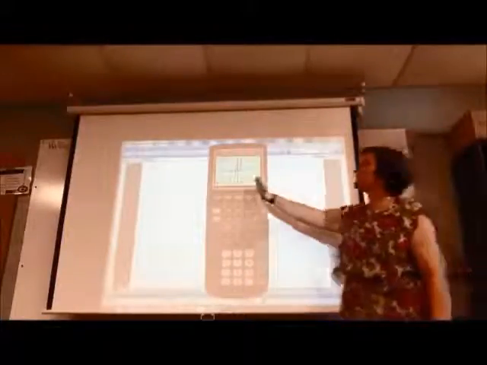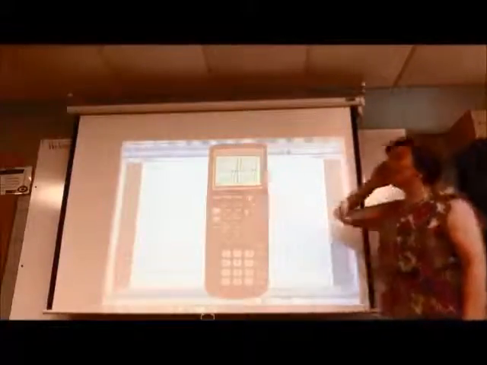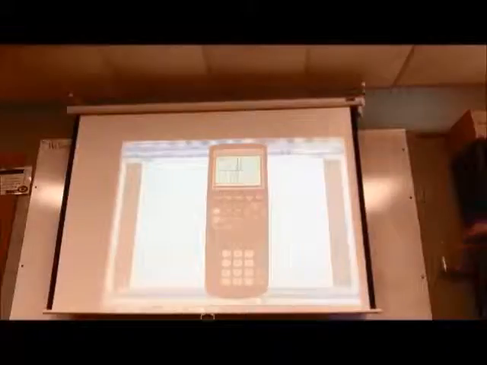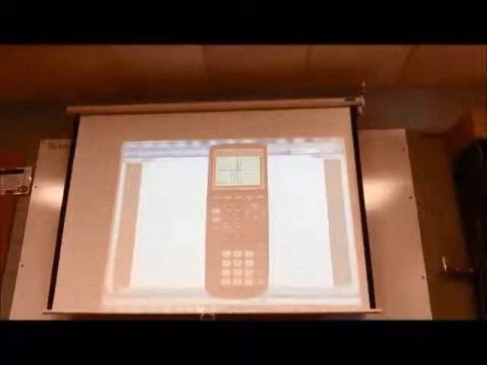All right, so it shifted to the left. If we put x minus 2 in there, what is that going to do? It's going to shift it to the right. How do we make it shift up and down? You have to put in a y-intercept.